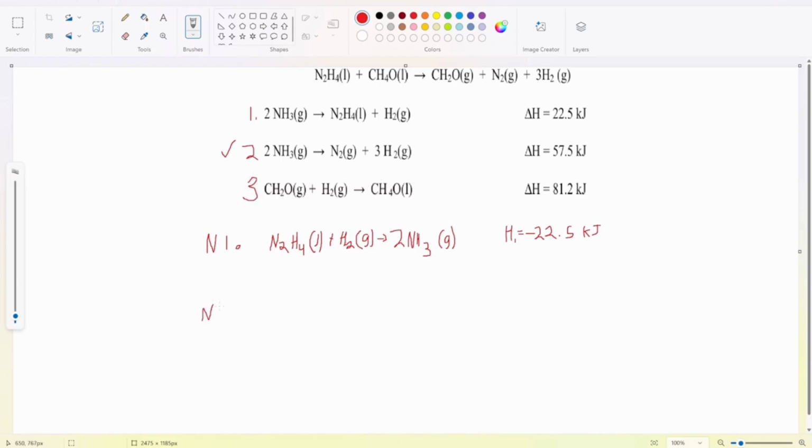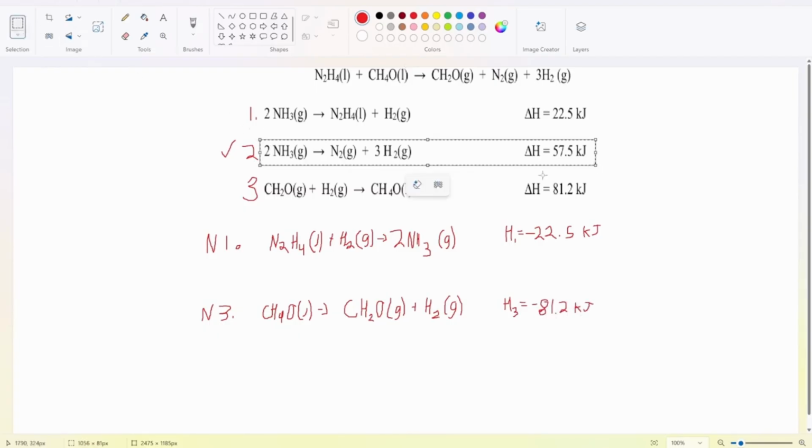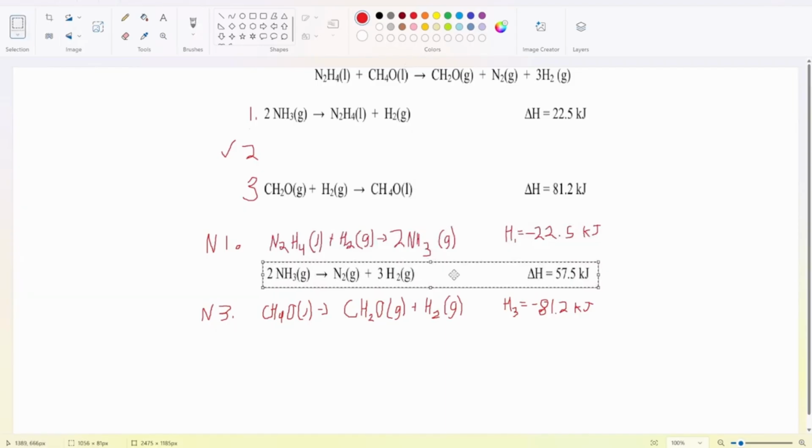So new equation 3 is CH4O liquid goes into CH2O gas, because Mr. Red will have a fit if I don't put that, plus hydrogen 2 H2 gas. And then the H3 would be negative 81.2 kilojoules.